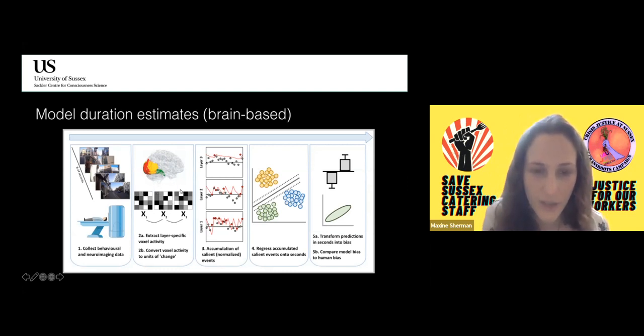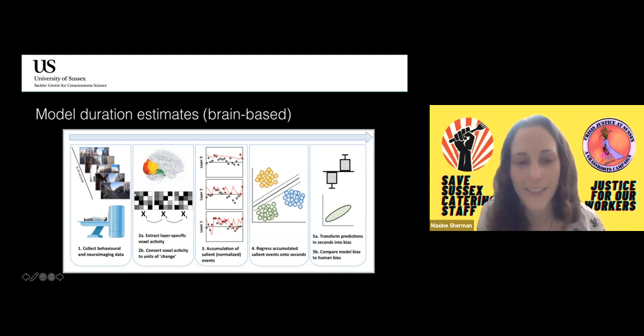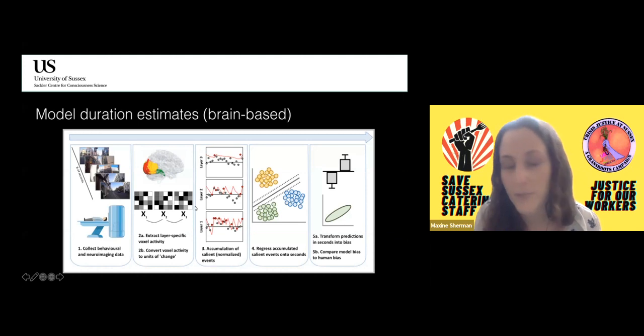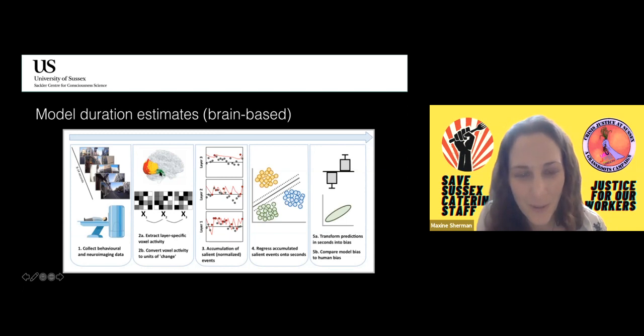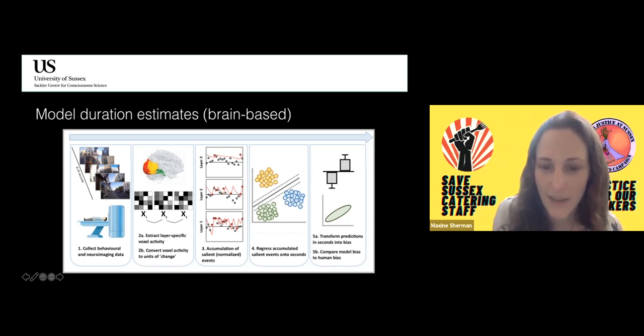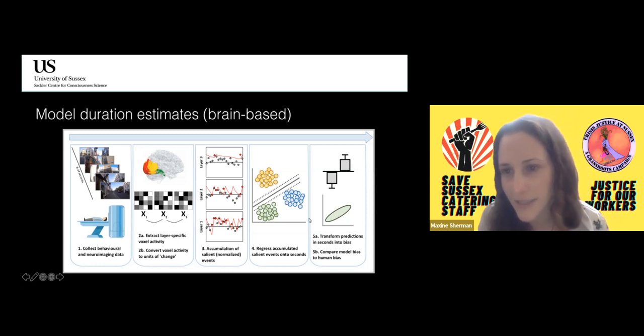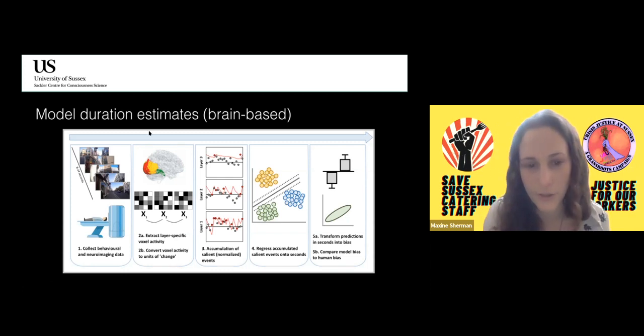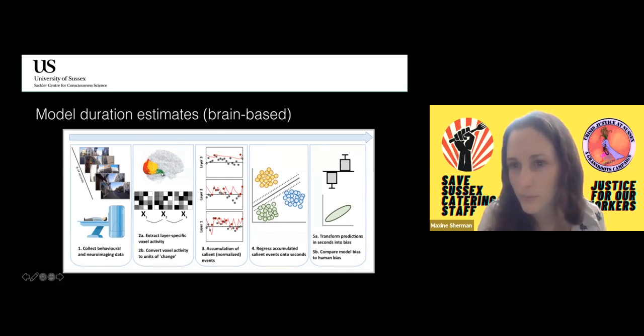And we can just extract voxel by voxel, TR by TR changes in BOLD to each voxel. Just add them over the whole layer. So we've got for each layer and each TR the amount of voxel activity that has changed. And again, these need to be categorized as salient or not and regressed onto time in seconds. So it's exactly the same process as with the convolutional neural network. We're just using voxel BOLD.